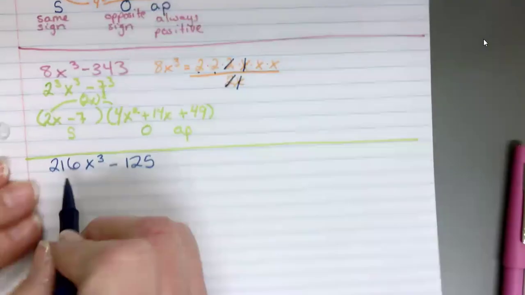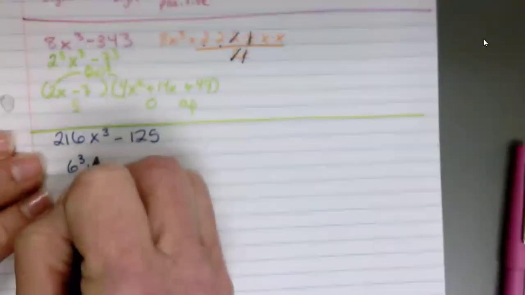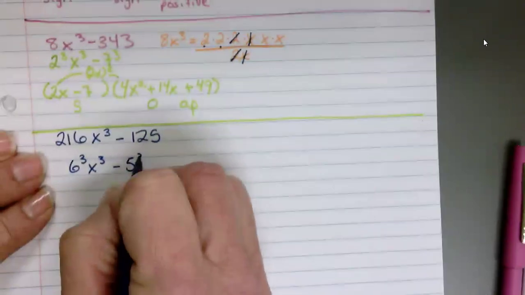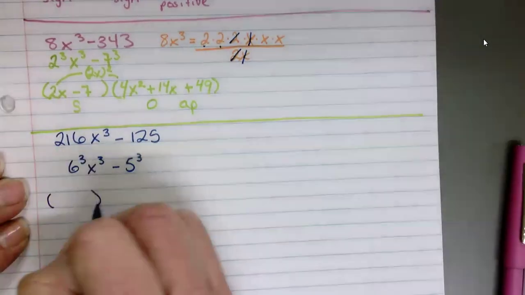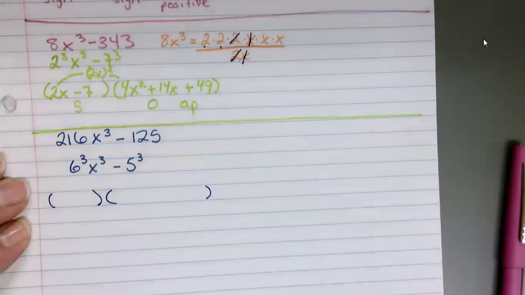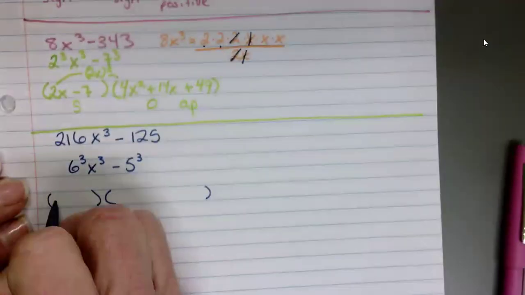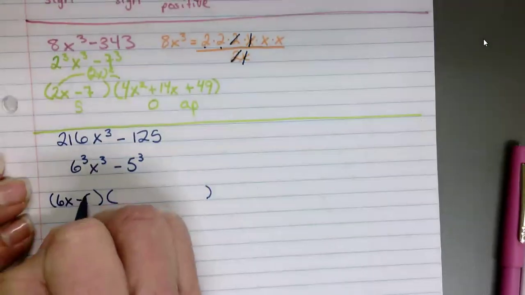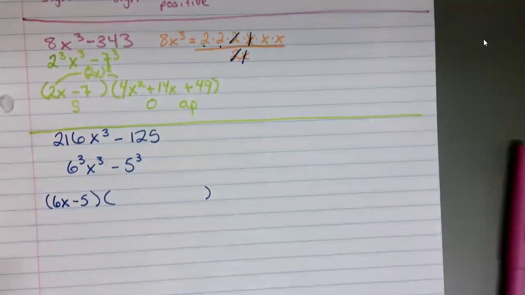So then I'd write them as cubes. So this is 6 cubed x cubed minus 5 cubed. When I factor it, it's going to give me a binomial and a trinomial. I start with 6x minus 5, everything without cubes.